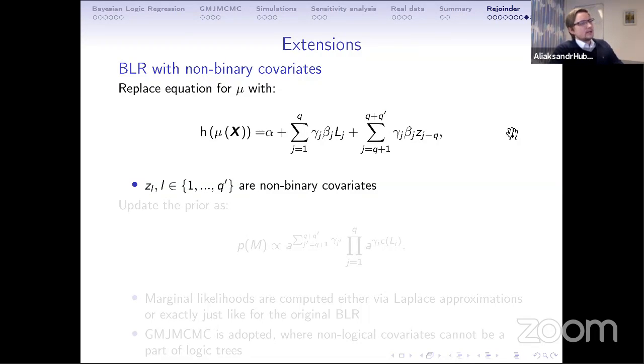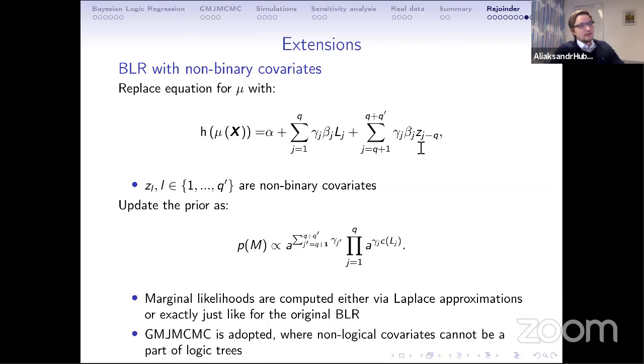Also, Ryczynski and his colleagues wondered if the approach can deal with non-binary covariates, and we suggested an extension. This extension was actually already implemented, so we didn't have to do anything in terms of the algorithm, but here we are allowing model selection for additional non-binary covariates. Then one, of course, has to update the priors, and we additionally introduce a Bernoulli type of penalization for the non-logical covariates.